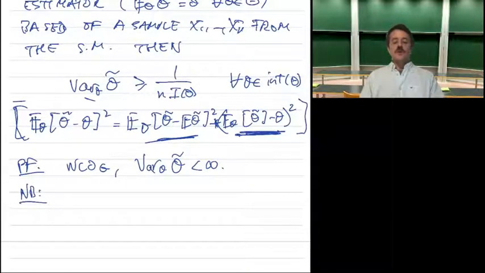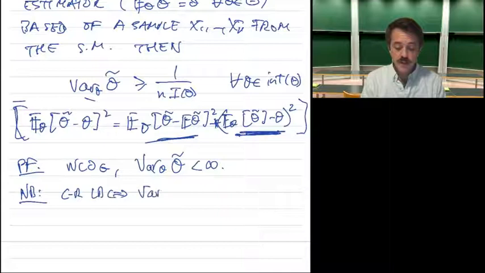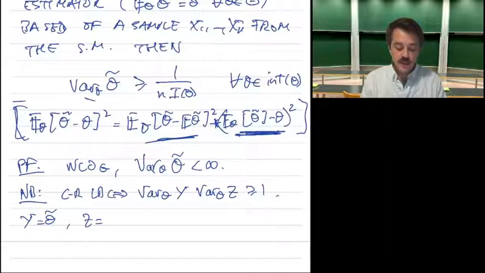The Cramer-Rao lower bound is equivalent to just simply looking at the variance of theta tilde of y, and I'll define y in a second, times the variance of theta of z being larger or equal to 1, where y is just our estimator, the unbiased estimator, and z is the gradient.